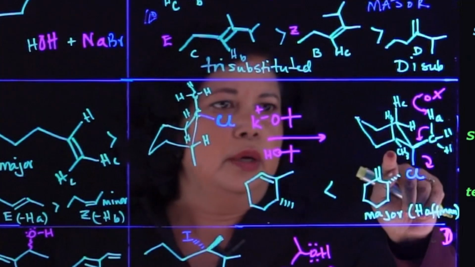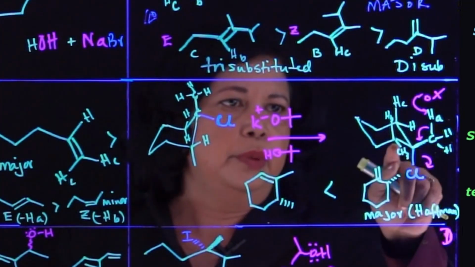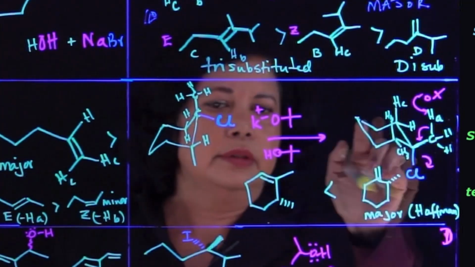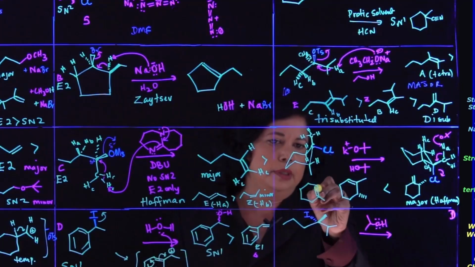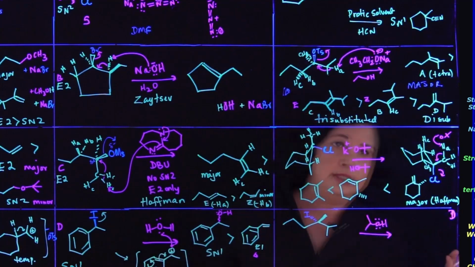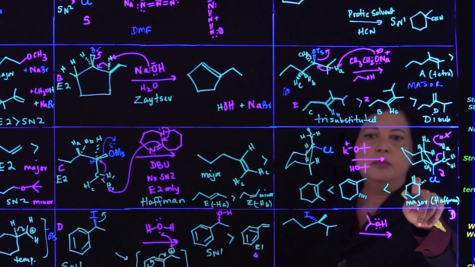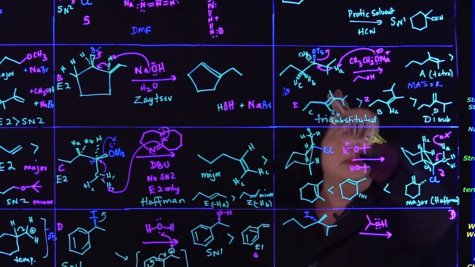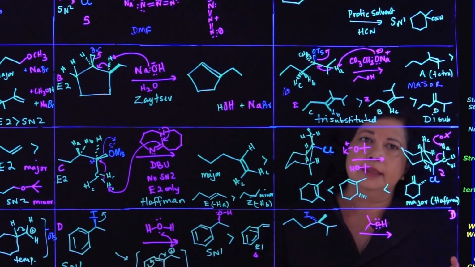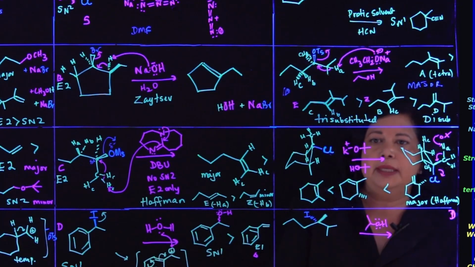The last one would be your double bond right here between the methyl and the other methyl. So you would have this tetra-substituted alkene, just because of the sterics. So di more than tri, more than tetra, which is exactly the opposite of what we did with a small base. You have to really pay attention.